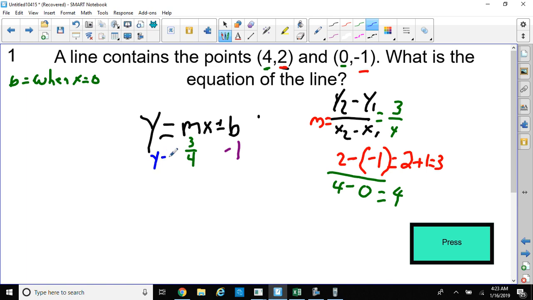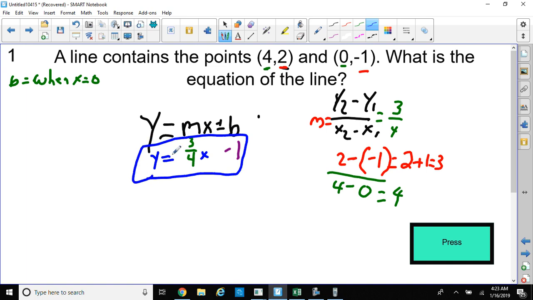The y stands for the y coordinate. The slope we found was 3/4. The x is the x coordinate for a point, and we found the plus or minus, which is minus in this case, the y-intercept. So there is our equation: y = 3/4 x - 1.